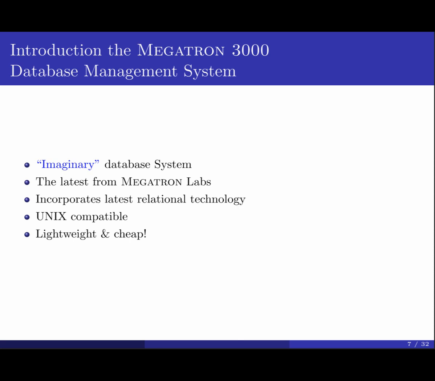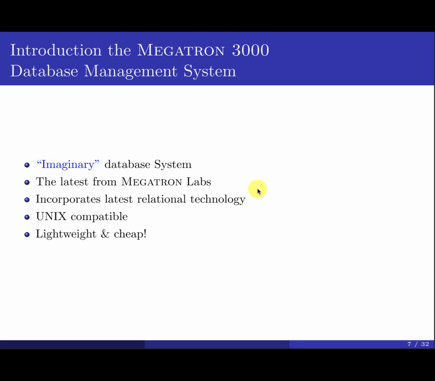So please, don't put on your CV that you implemented the Megatron 3000 database management system, and then wonder why you didn't receive any invitation or job offer. I saw some students do that. Don't do it. This is just an imaginary, fake system. That's what we think, how the database is going to be implemented, similar to this fake system.